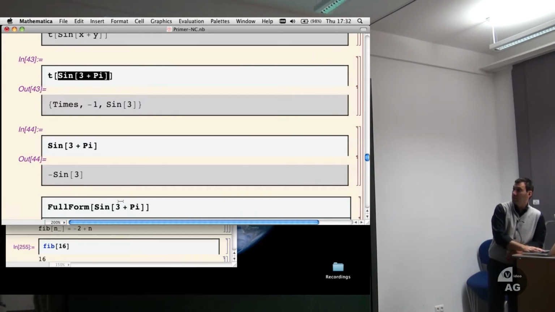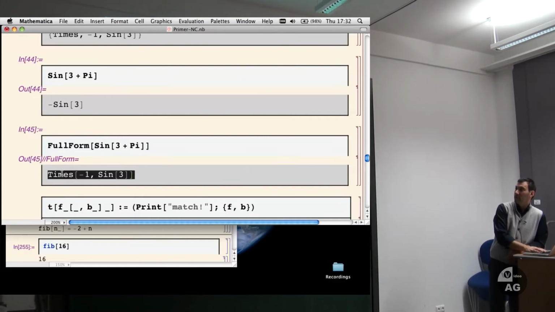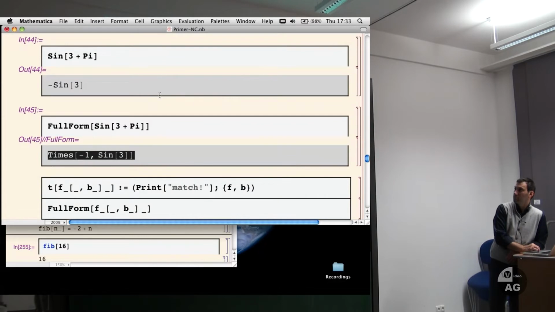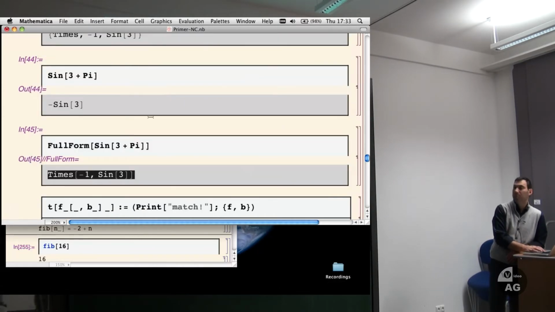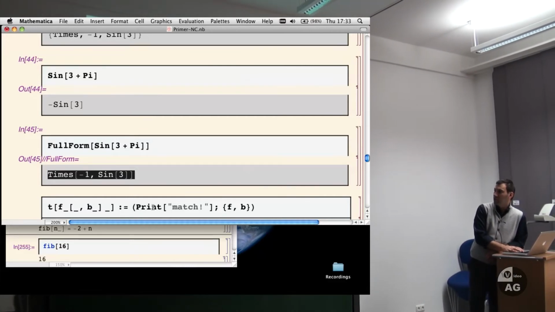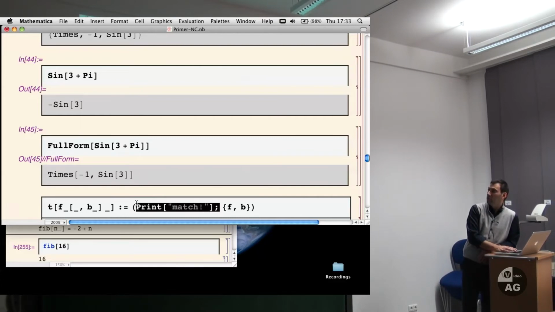We can understand what really is going on with full form. So now we have times of minus 1 and sine of 3. So our function will return times minus 1 and sine of 3. Okay. What is times? Multiplication, product. This is a trick I showed you already to see what's going on.